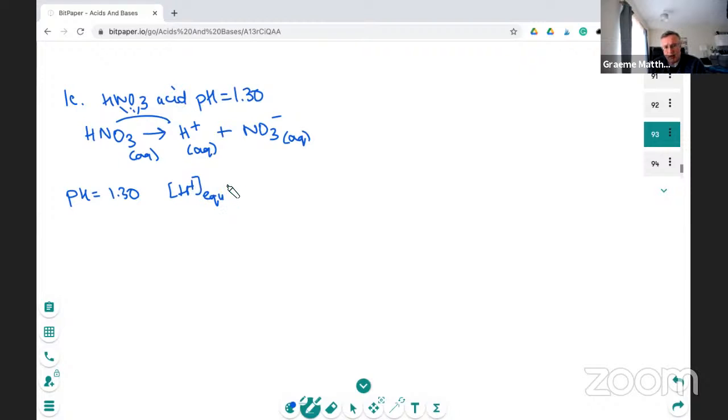Hydrogen ion concentration at equilibrium is 10 to the minus pH, which is going to be 10 to the 1.30. And so, hold on, my calculator here. 10 to the 1.30.